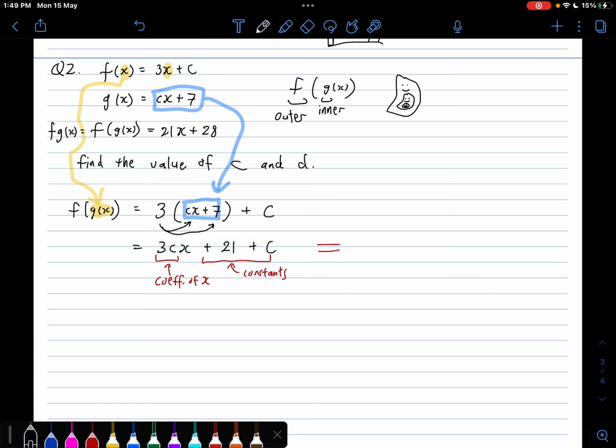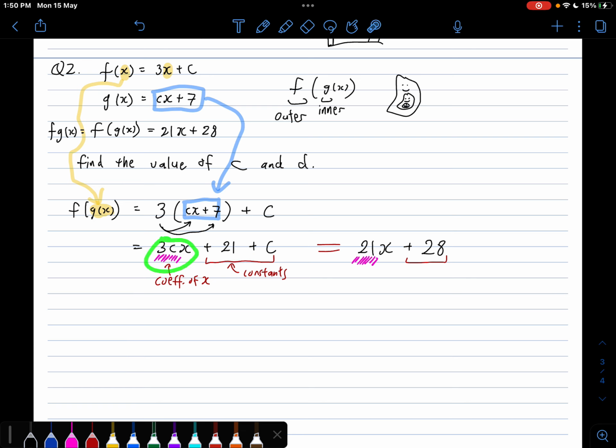So we just have to copy it down, 21x plus 28. And then you compare. Coefficient of x with coefficient of x, constants with the constants. Let me just use a pink color here, pink color there, and a different marking for the constants to identify the correct part of the expression we should be looking at.